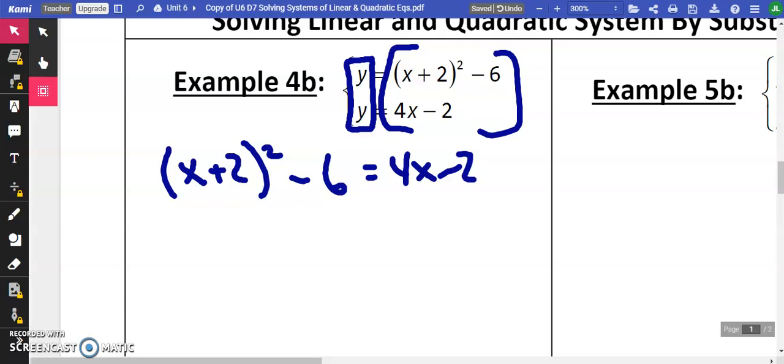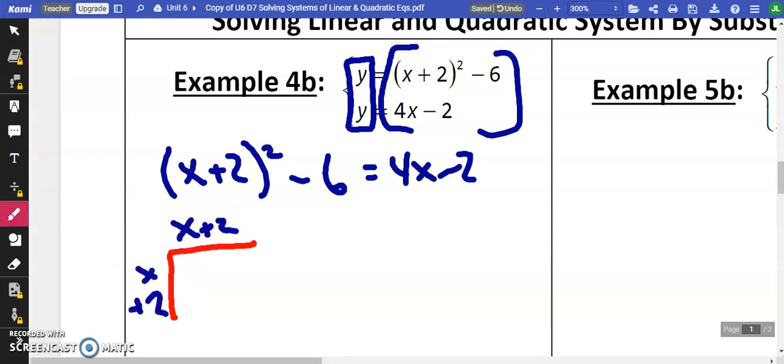So from here, it's going to work like what we had done in our previous videos where we were trying to solve a quadratic equation. What I'm probably going to need to do is convert the left side to look more like standard form, and then use either factoring or the quadratic formula to solve from there. So the first thing that I'm going to do is take that (x + 2)^2 and multiply it out using the box.